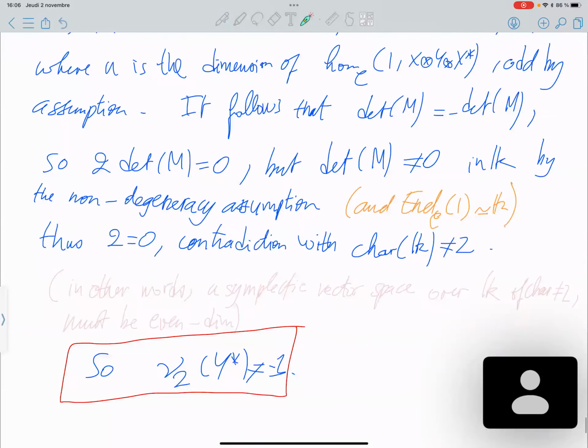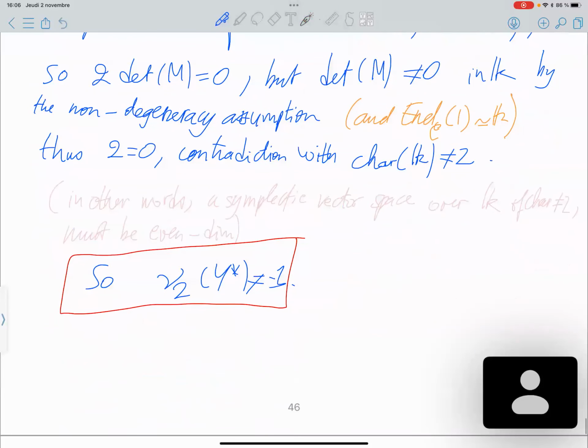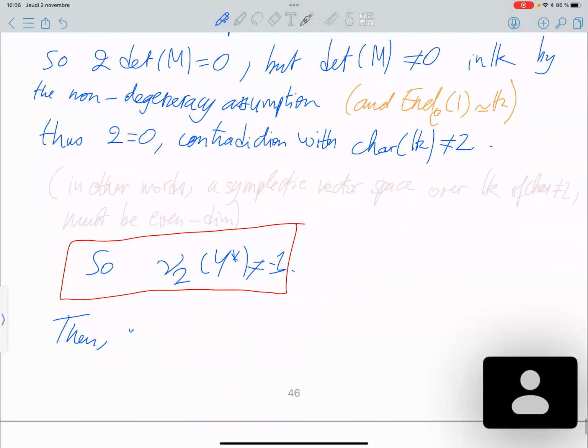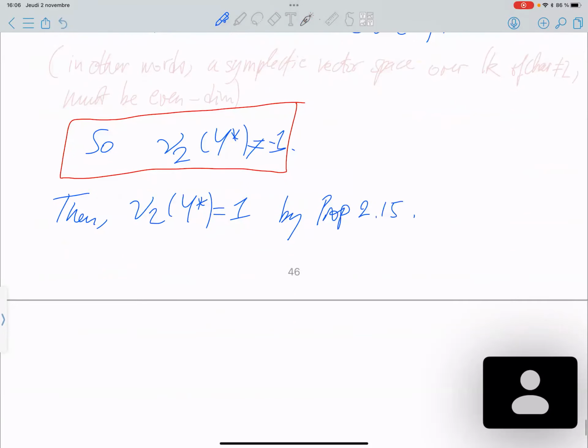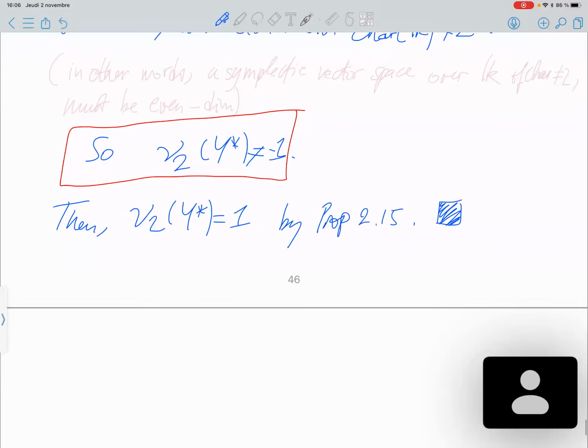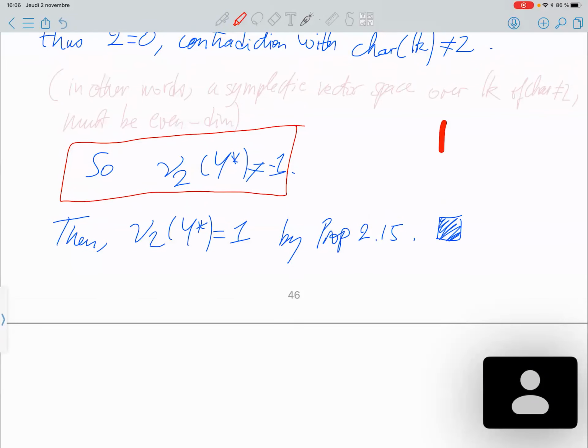So it's different from -1. Then it must be equal to 1 by proposition 250. And we are done with this corollary. And we can make the pause.